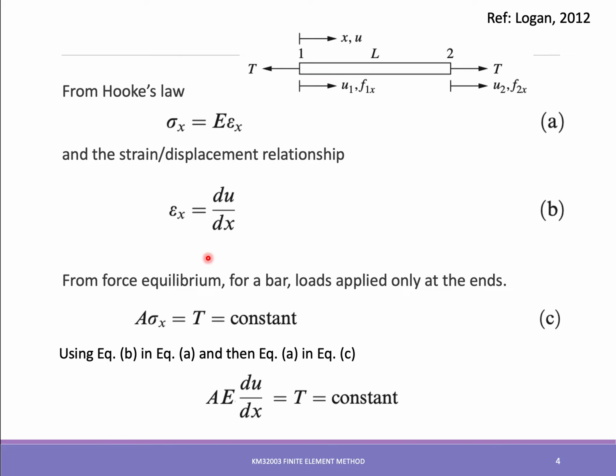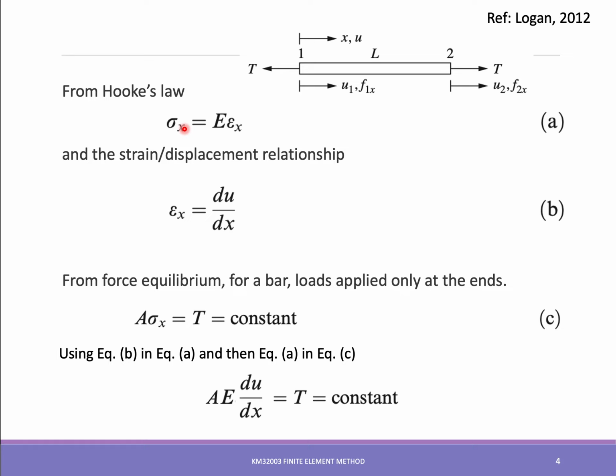So we can derive that the stress equals the tension divided by the cross-sectional area. Therefore, we rearrange: A sigma equals T, and this term should be a constant, since the cross-sectional area is a constant.